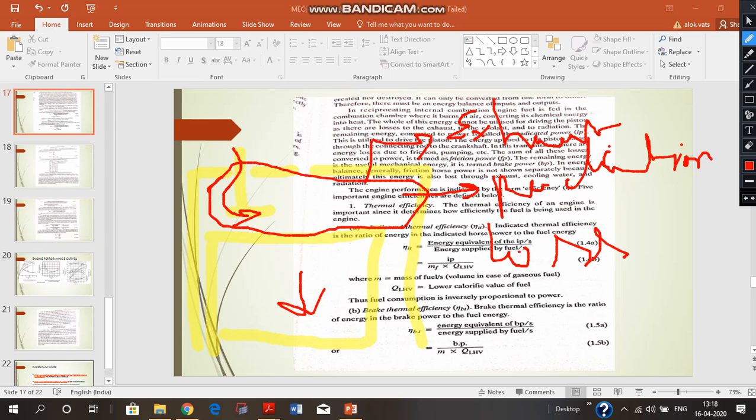So the total energy of the fuel upon combustion, when these two losses, radiation losses and exhaust losses, are subtracted, provides the effective energy necessary for the movement of the piston downwards from TDC to BDC during the power stroke.